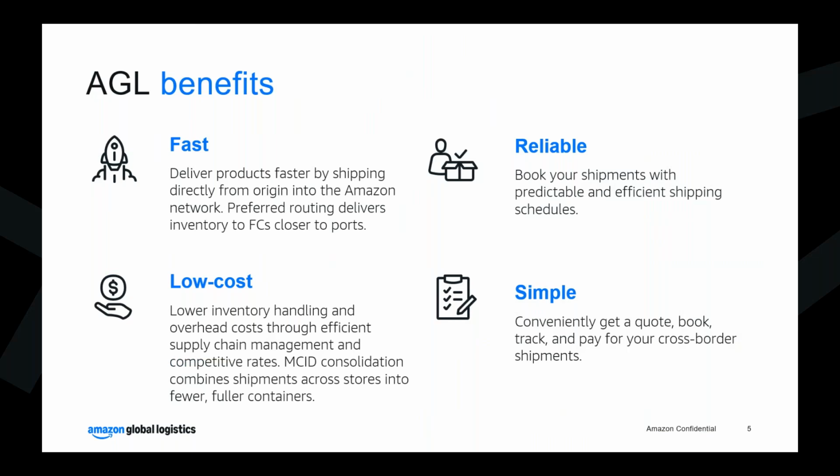Reliable because you book shipments with predictable and efficient shipping schedules, meaning you are booking a shipment and you can already see the window when your cargo is going to be delivered. Low cost, so you have lower inventory handling costs and overhead costs through efficient supply chain management and competitive rates. You have MCID consolidation to combine shipments into fewer, fuller containers, and you also have the simplicity of getting a quote, booking, tracking, and paying everything in Seller Central.